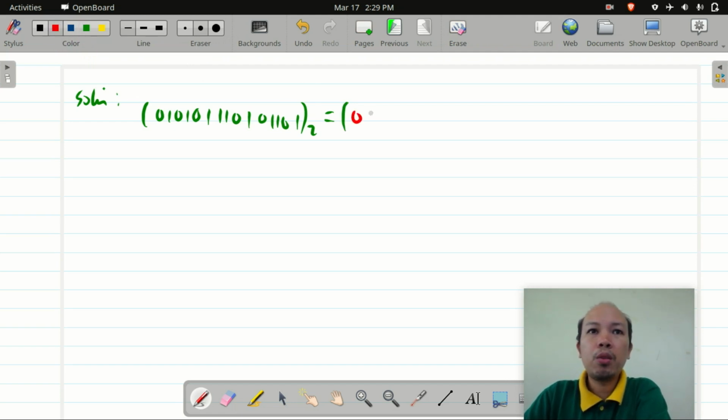We have 0 1 0 1, and let's have this, say, yellow, 0 1, 0 1 0 1, 0 1 1 1, 0 1 1 1, 0 1 0 1 0 1 1 1.